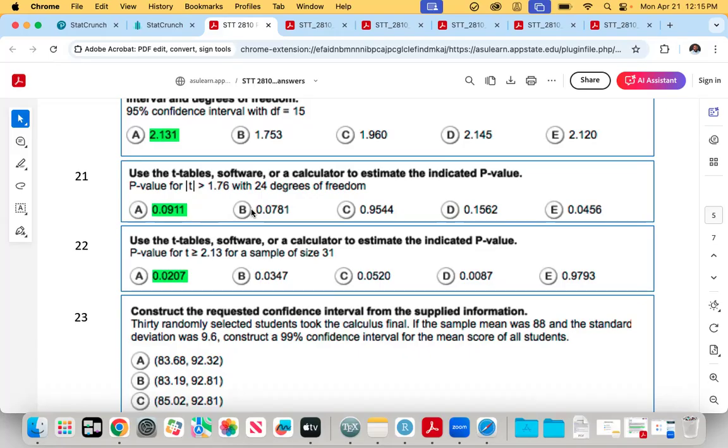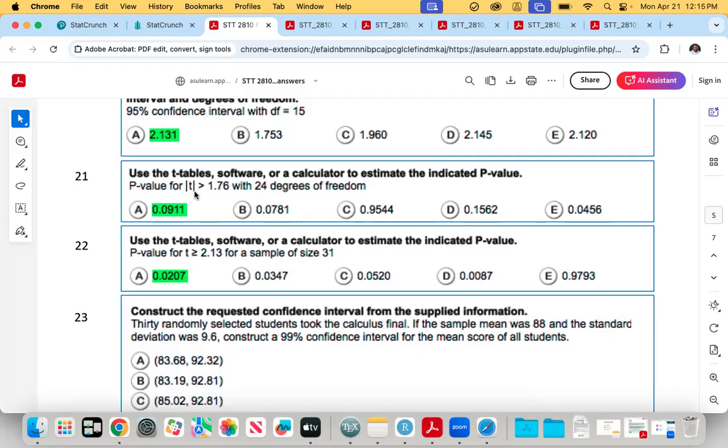Before we proceed, you have to be able to identify that this is a two-tailed test. How did I know it's a two-tailed test? Because the T has an absolute value by it. Is that okay?